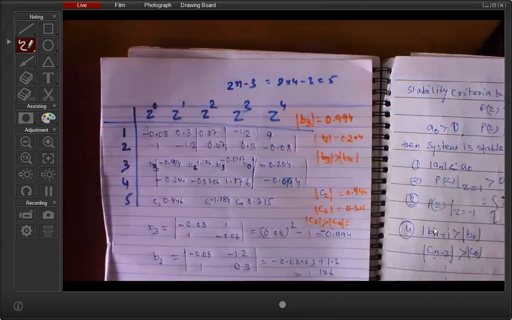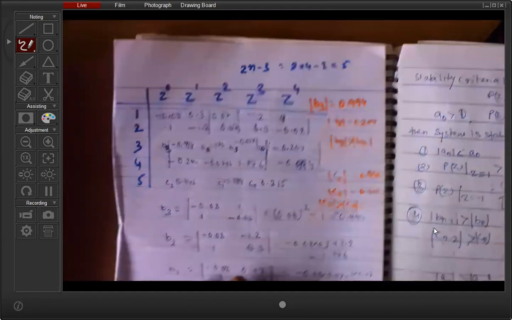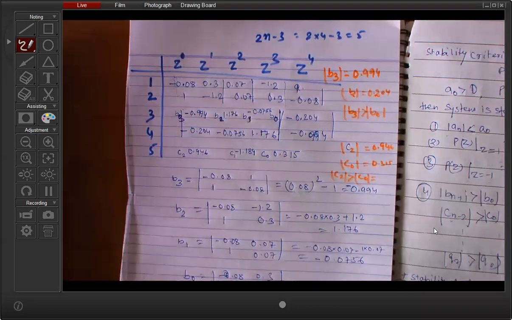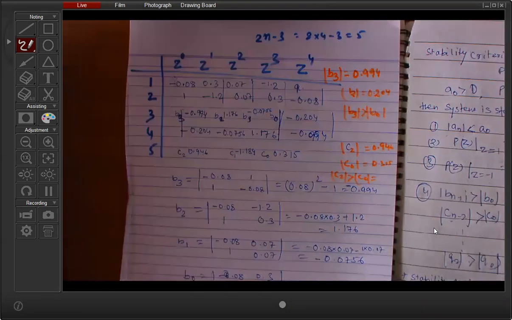That means all four conditions of the Jury stability test are satisfied by the given polynomial, which indicates the system is stable. Okay.